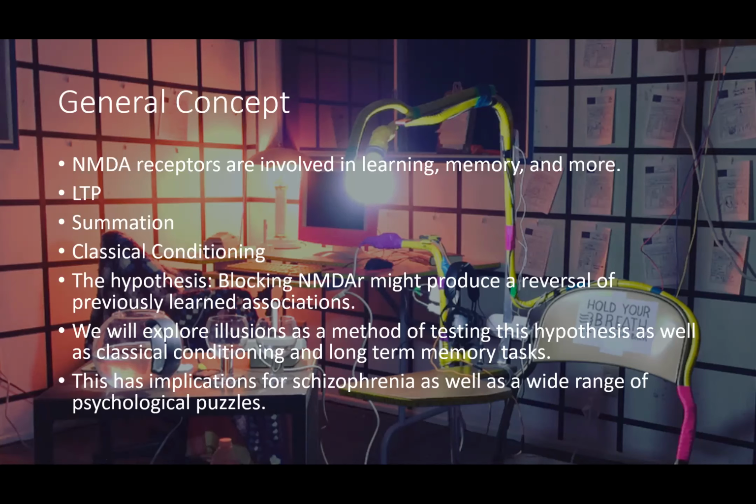In the animal models, they do not have long-term potentiation. There's problems with summation, and there's changes in the way that classical conditioning occurs in individuals with schizophrenia. For example, they often have an impairment to reward learning, or reward processing, but not aversion or punishment processing.